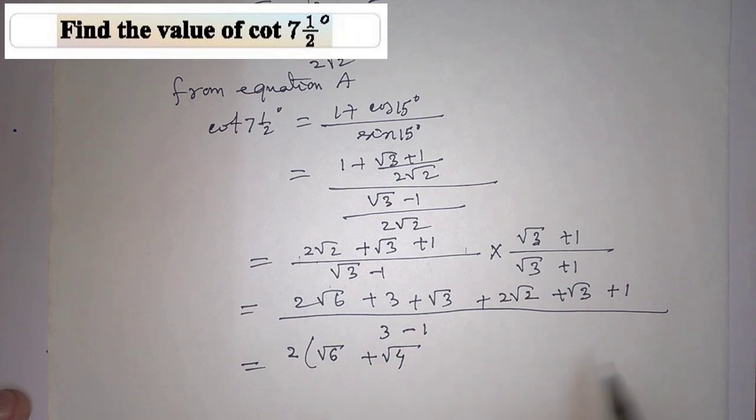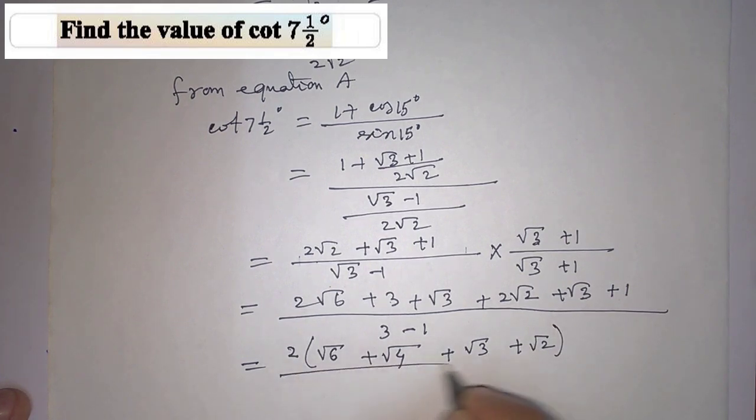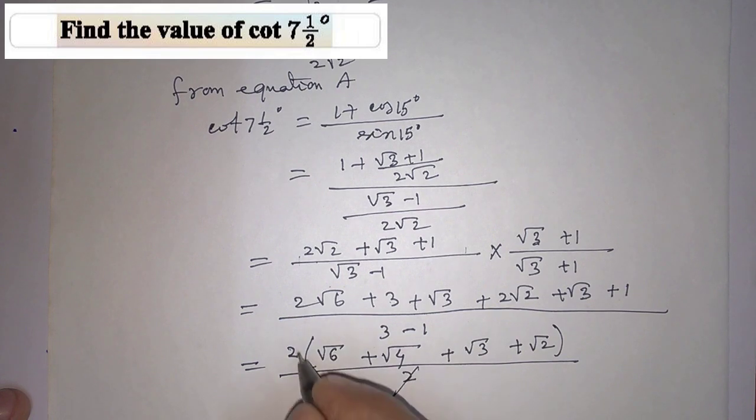Maintaining the similarity, all terms are coming under root. Taking 2 common, we get root 3 plus 2 root 2 by 2, and the 2s get cancelled out.